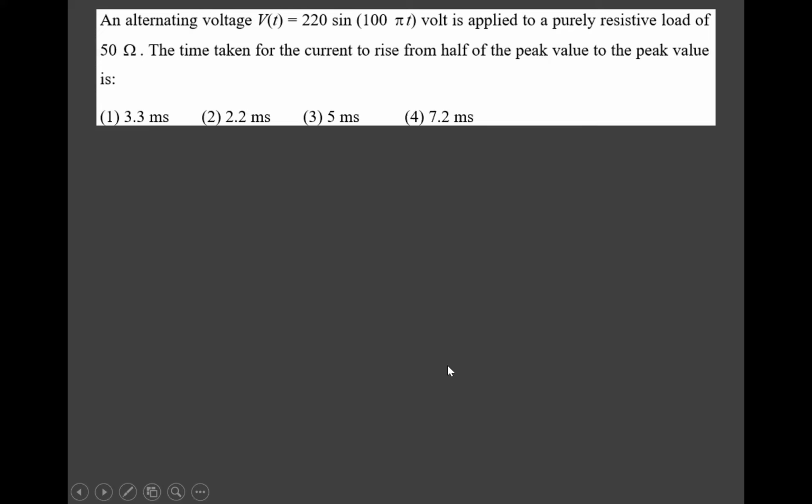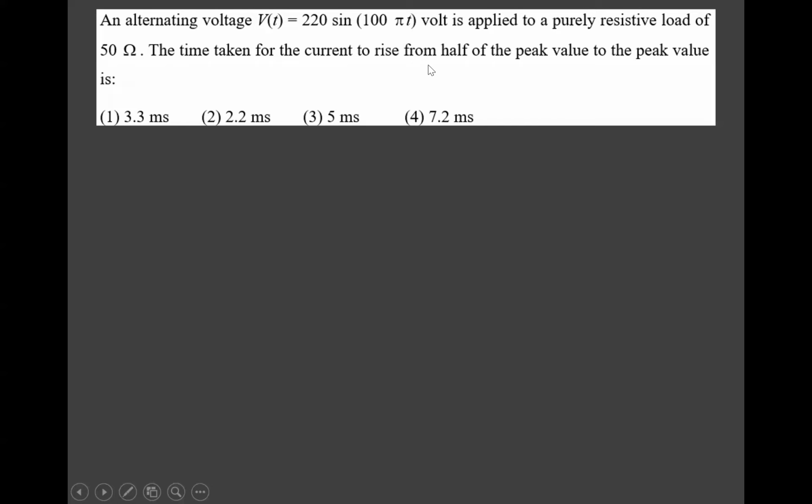Now see here, an alternating voltage V(t) equal to 220 sin 100πt is given to you and is applied to a purely resistive load of 50 ohm. And we have to find the time taken for the current to rise from half of the peak value to the peak value.